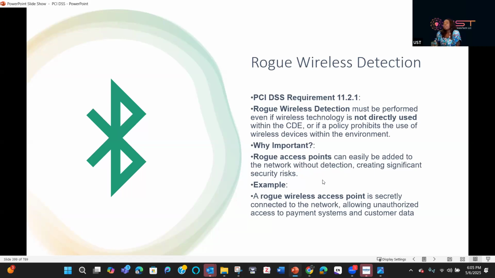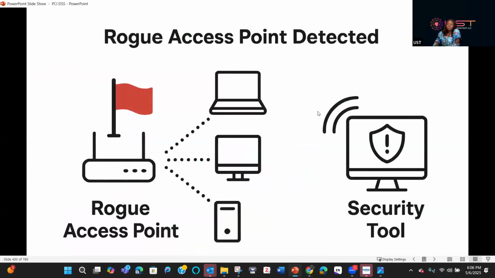A rogue wireless access point is secretly connected to the network, allowing unauthorized access to payment systems and customer data. That's why you also need to perform this, even though they are not directly connected to the CDE. What if it's been attached to the network as an entry point? Then of course it will definitely increase the security risks to your system.